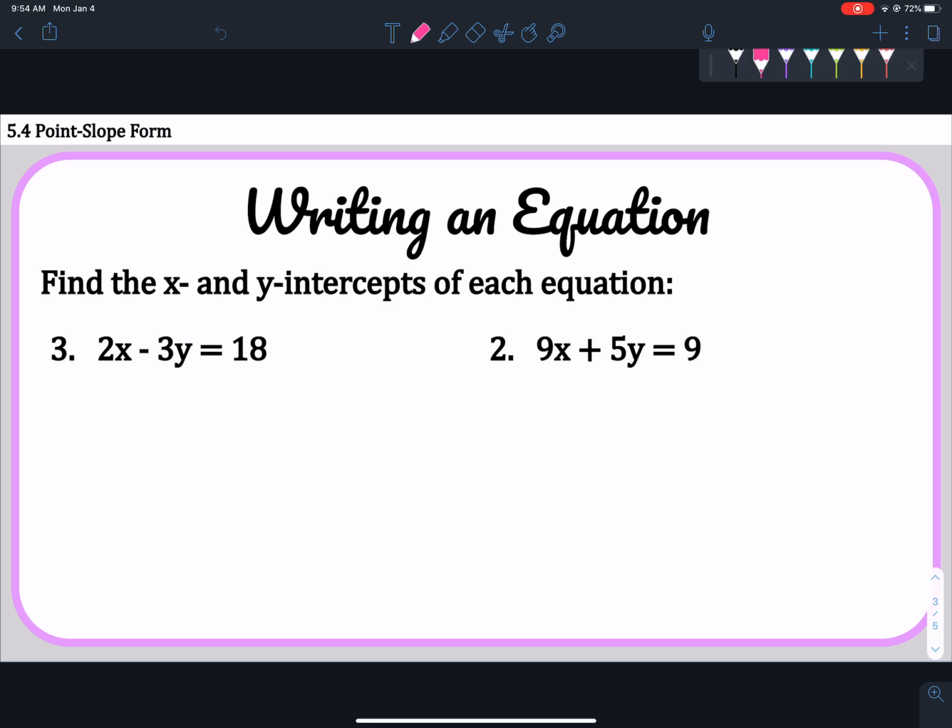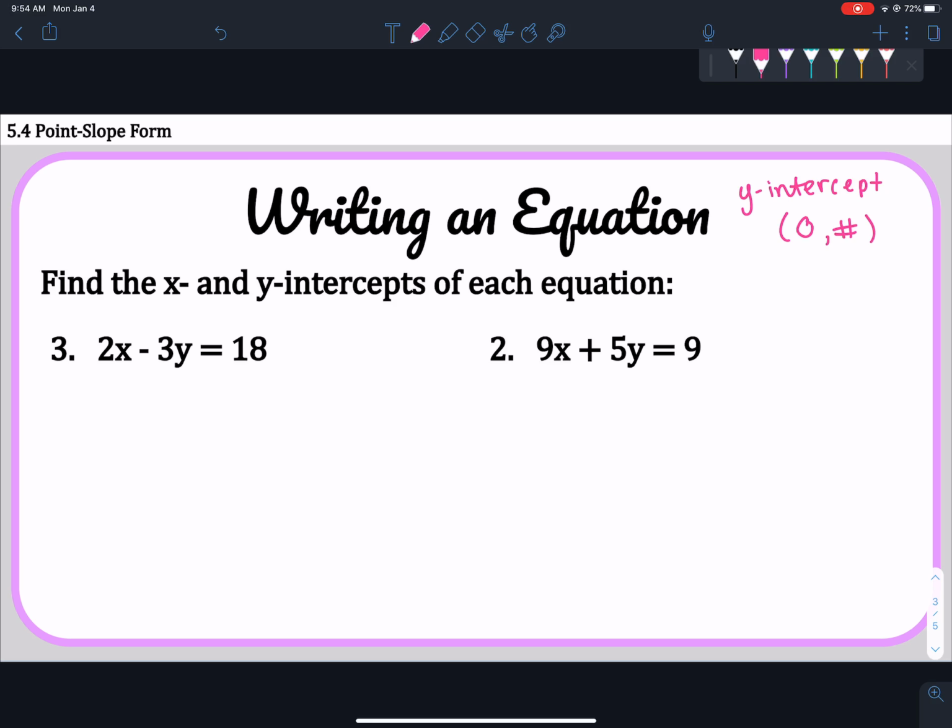So if we are looking at the y-intercept, I'm going to write this over here on the right. The y value is always a number on the y axis, but the x value always has to be 0. That's what's putting it on the y axis.